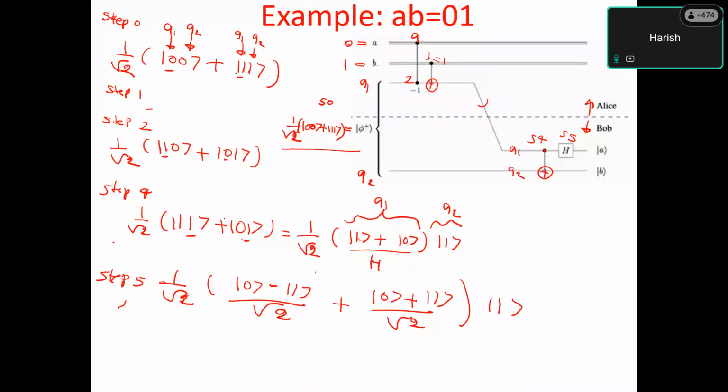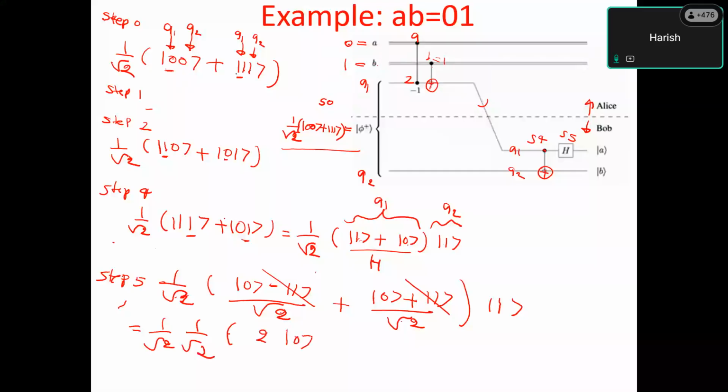You can see here, this thing will cancel out. This is minus 1, this is plus 1. So what we will have, 1 by square root 2, 1 by square root 2 again common. So 1 by square root 2, 1 by square root 2 can also be taken out. And inside, it will be what? 1 times 0 plus 1 times 0.